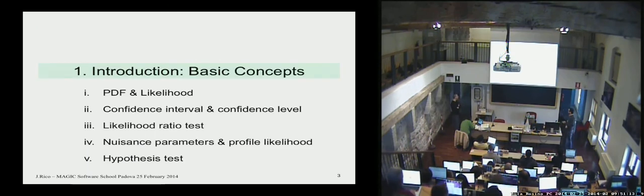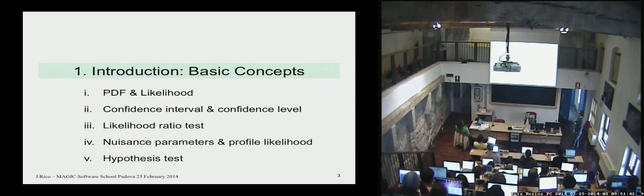Okay, so first part, the introduction. Here's a list of the basic concepts I will be talking about. PDF and likelihood. These are very simple things, but they are used all the time in the rest of the talk, and you should get acquainted with them. What is a confidence interval and the associated confidence level, which we use, for example, to provide upper limits.